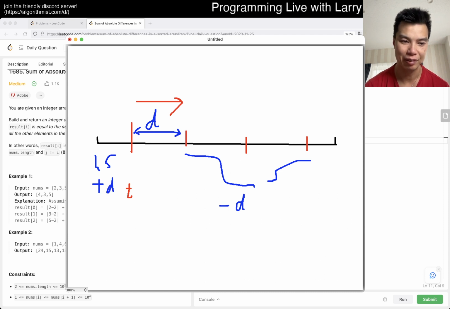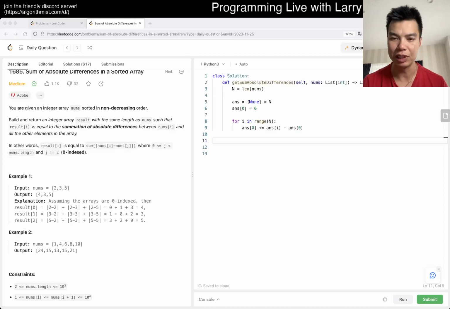In the beginning there's nothing to the left, but as you get more and more, now you have plus d and minus d. So that's basically the idea that we're going to use here, and with that visualization in mind, it should be okay to calculate.